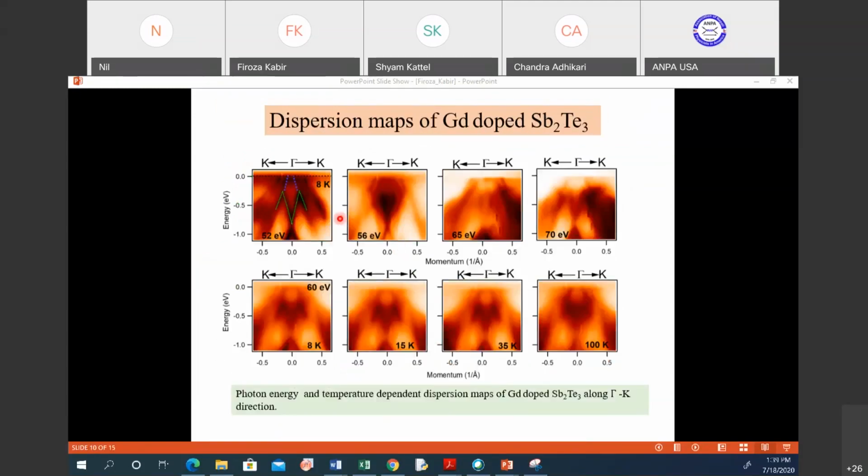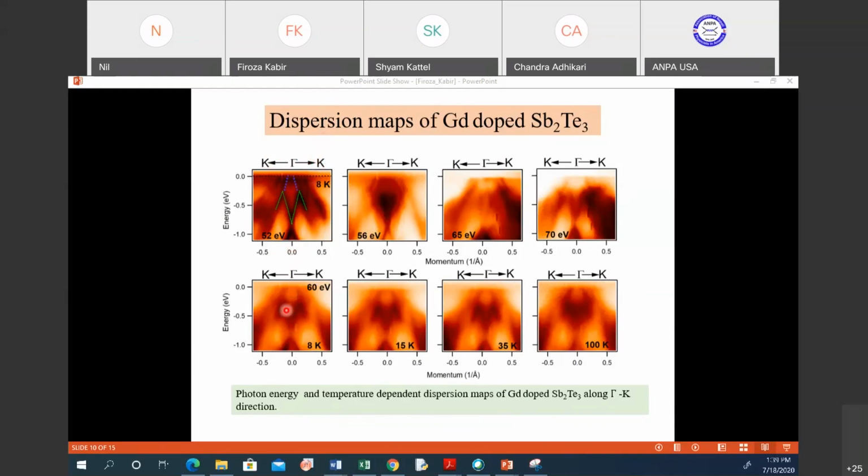This figure shows the photon energy and temperature dependent dispersion map along the K-gamma-K direction. We observe one hole-like band, the blue dotted line, crossing the Fermi level, but we could not see it from the ARPES data since ARPES could not measure the position of this electronic structure above the Fermi level.